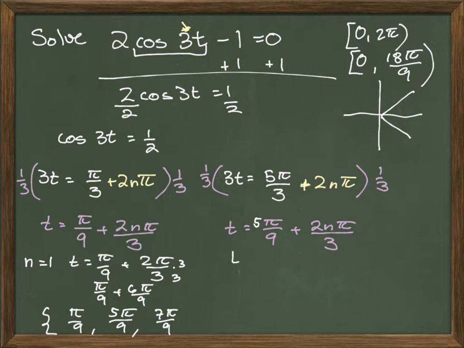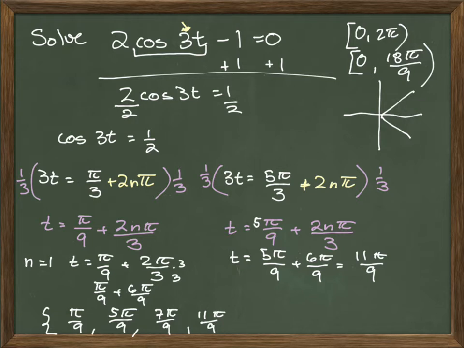Now we're going to do the same thing over here. 5 pi over 9 plus 6 pi over 9, which is 11 pi over 9. So that is still within my 18 pi over 9. I'm going to erase some of it. Now I'm going to do it again.